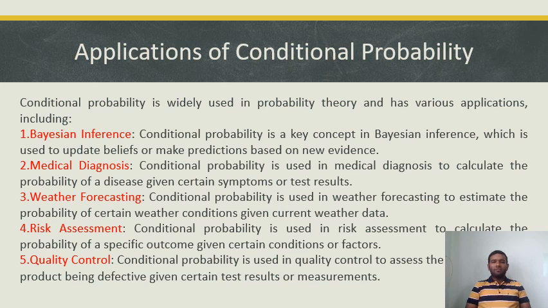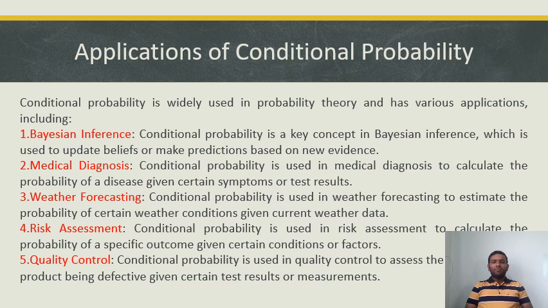Conditional probability is widely used in probability theory and has various applications. Bayesian inference: conditional probability is a key concept in Bayesian inference, which is used to update beliefs or make predictions based on new evidence. Medical diagnosis: conditional probability is used to calculate the probability of disease given certain symptoms or test results.